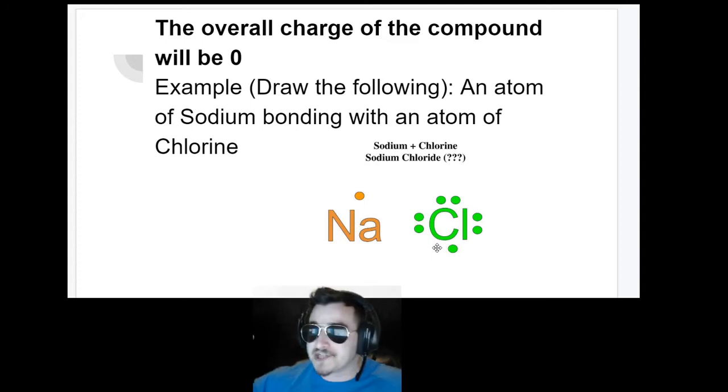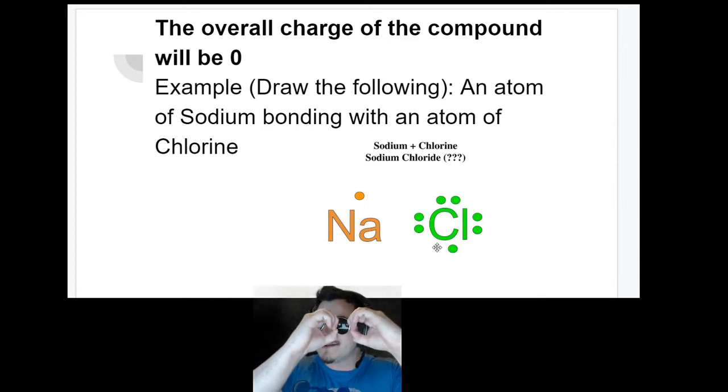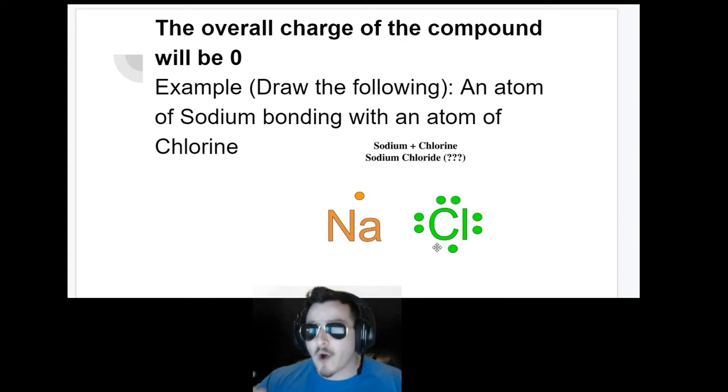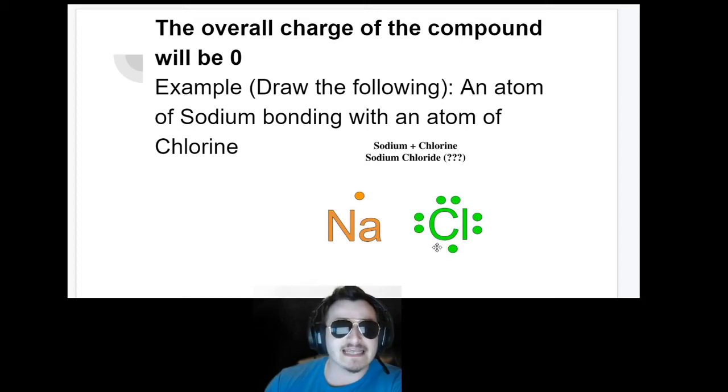Now, I'm not a mathematician, but 1 minus 1 does in fact equal 0. Goose egg. And that's how all of these ionic compounds are going to work. Once they have bonded together, they will always have an overall charge of 0. They are neutral. The individual atoms themselves may be charged, but the overall charge of the compound will be 0.